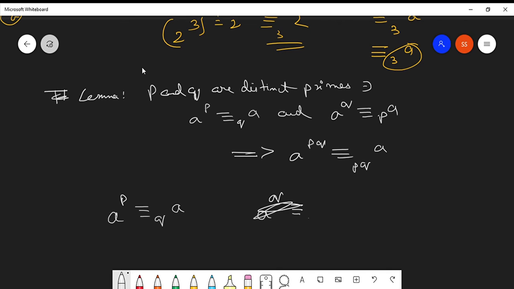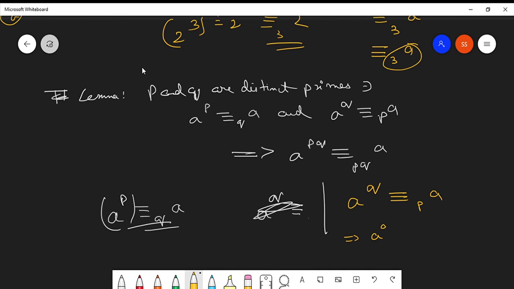So what you can actually do is that if you raise this to the power q, then you also get q here. Okay. Or let us do one thing. Let us not go into this complexity. Okay. See, we have got a to the power q is congruent to a mod p, right?